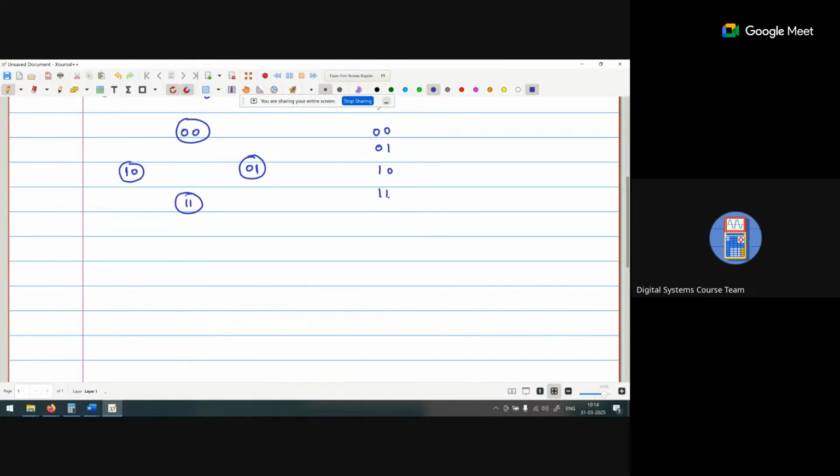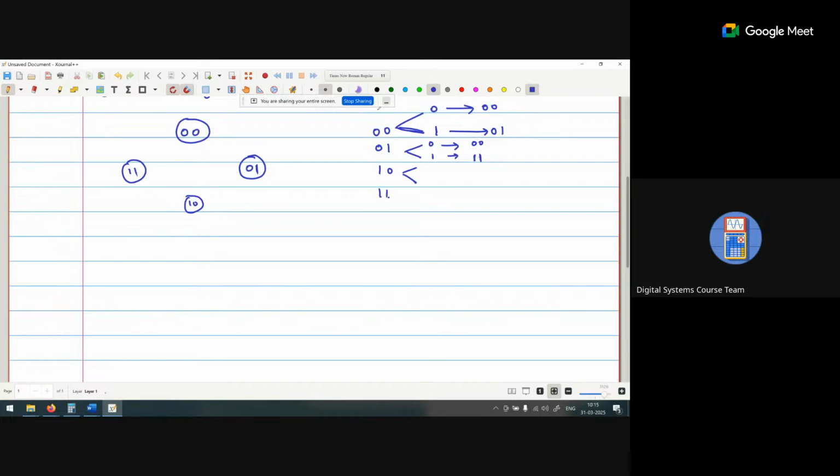Now what we define is that with 00, two possibilities are there. The next input is either 0 or 1. If it is 0, it will remain as 00. If it is 1, it will go to 01. At 01, when the input is 0, it will go to 00. At 11, it will go to 1.